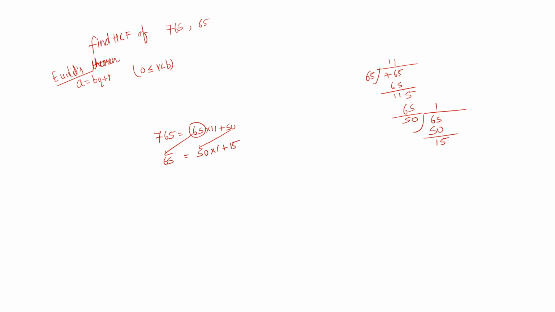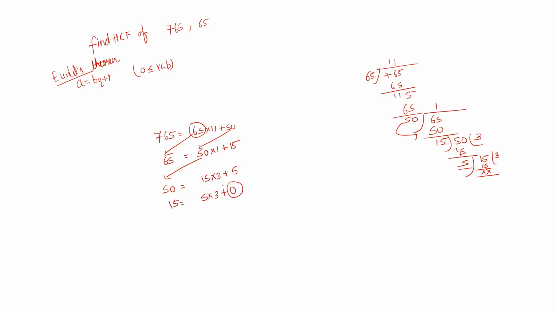Again 50 comes here, and 15 times 3 is 45, with remainder 5. So 50 equals 15 into 3 plus 5. Now 15 comes here, and 5 times 3 is 15, and the remainder is 0. So 15 equals 5 into 3 plus 0.